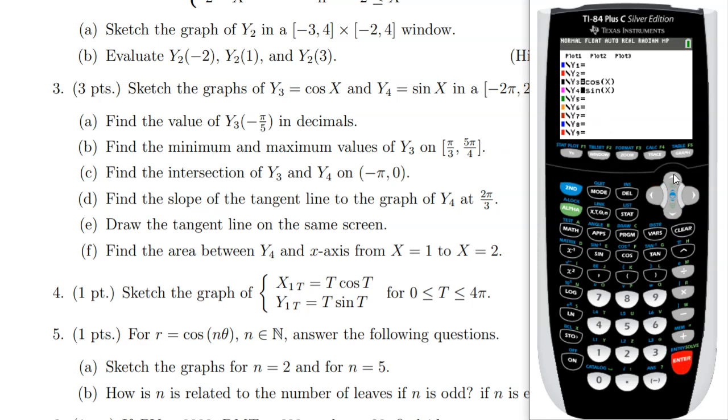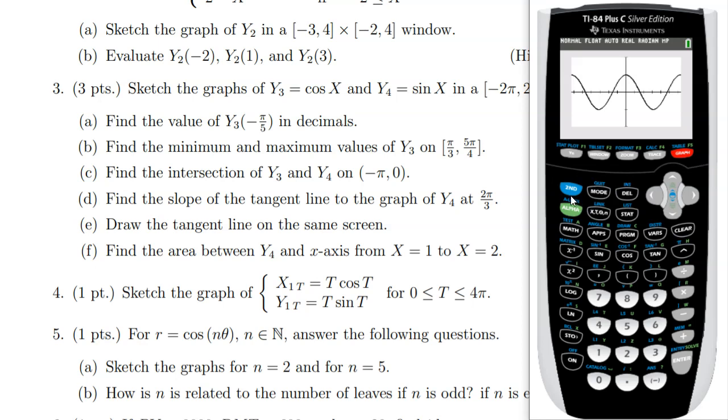You can see that I took away the little cursor thingy here so that it only shows y3. If you hit graph, this is just y3, which is the cosine curve. Then we want to find the minimum and the maximum value.